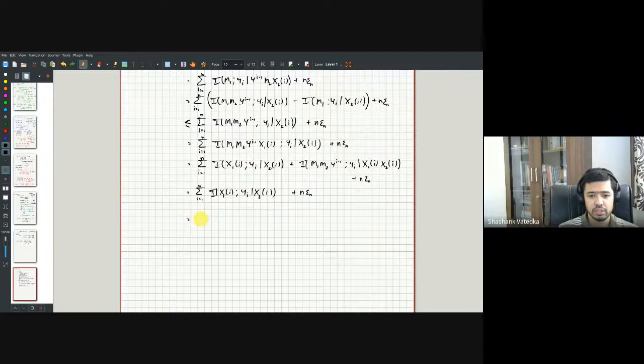So essentially you will get that this is I of x1; y given x2 and q, where q is a time sharing random variable, plus epsilon, so R1 is less than or equal to this plus epsilon.